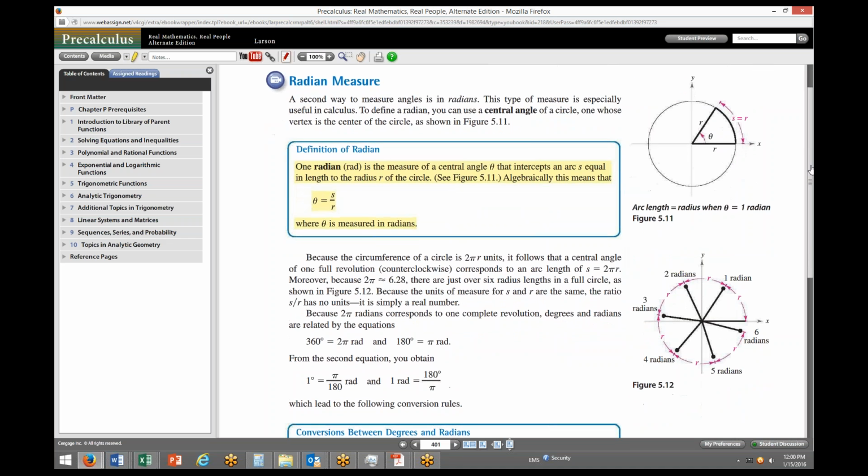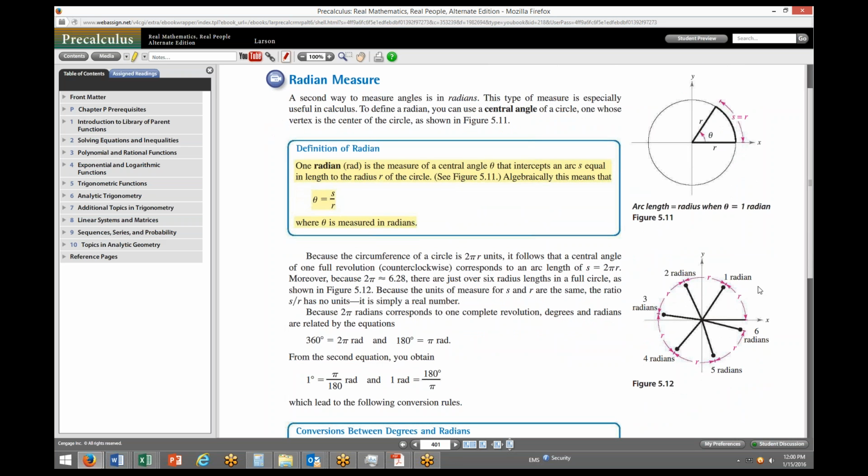Now, on to a very important new way of measuring angles. I trust for many of you this will be new. It's called radians. The term radian is a brand new way of measuring the size of an angle, the opening of an angle. And here's how the definition of radian is arrived at.